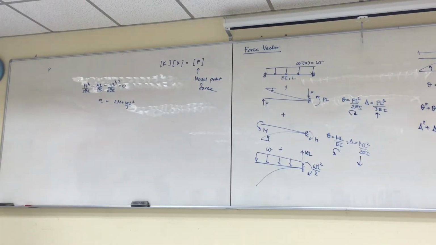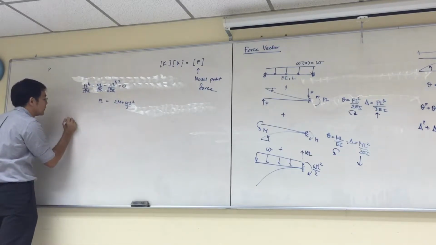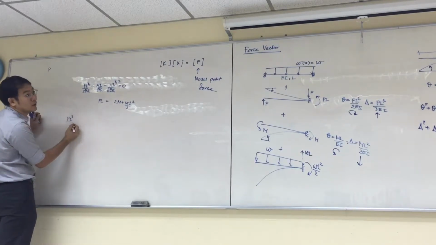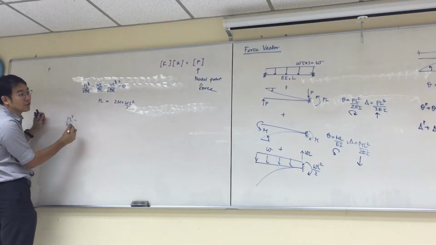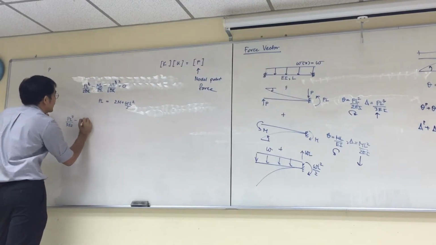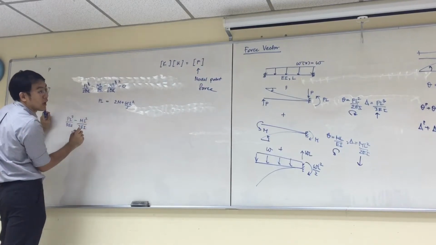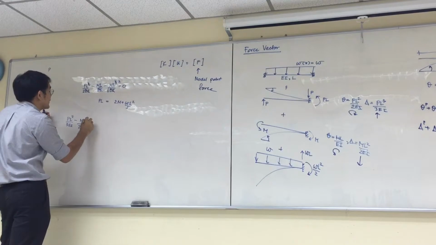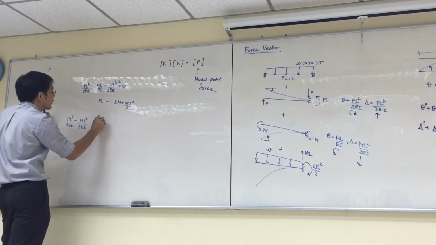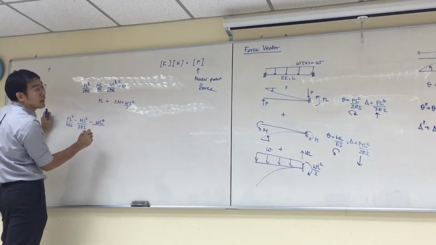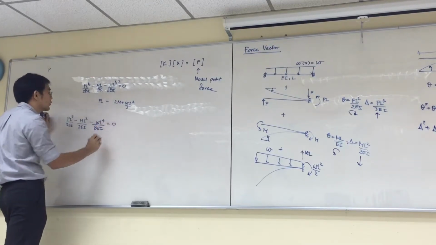The next equation: delta P, delta M, delta W. Delta P is PL cubed over 3EI, minus ML squared over 2EI, and then minus WL to the 4th over 8EI, equals 0.